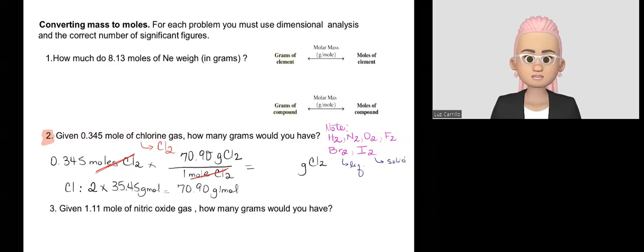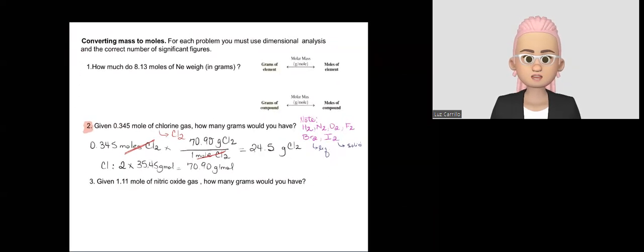But since I'm given 3 significant figures, I need to round that calculator display to 3 significant figures, which means that my final answer is going to be 24.5 grams of Cl2 are present in 0.345 moles of Cl2.